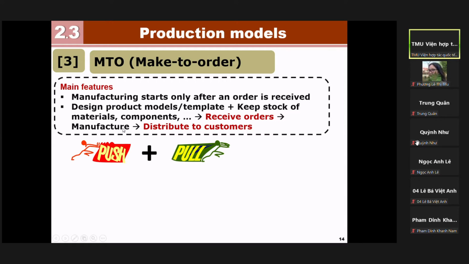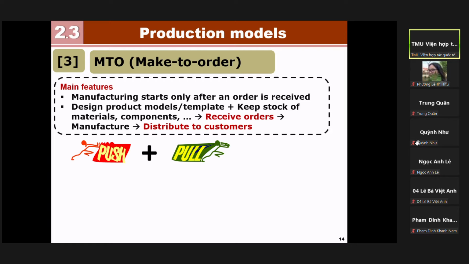However, there's still a part of push. Where is the part of push? It is the part of keeping the stock of materials and components. It means maybe you will still purchase the materials, the components, some spare parts or accessories for the products in advance. So in such a case, you still predict.